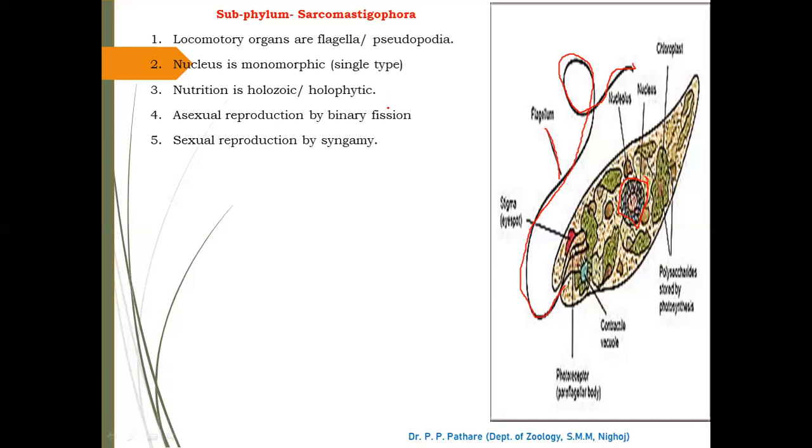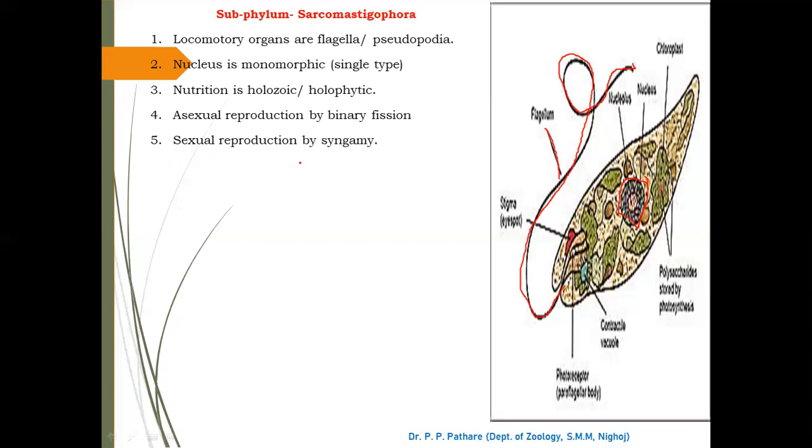This type of fission is found in your sarcomastigophorans. Next one, that is very important, sexual reproduction by syngamy. That is conjugation type. Syngamy means it is also called fertilization. It involves the complete and permanent fusion. This is very important.